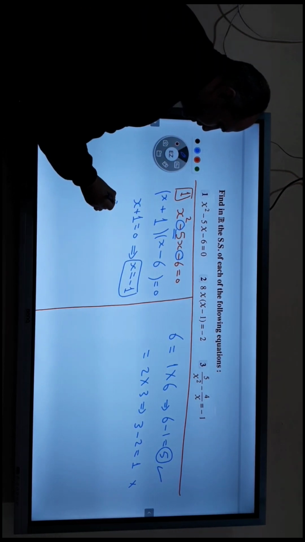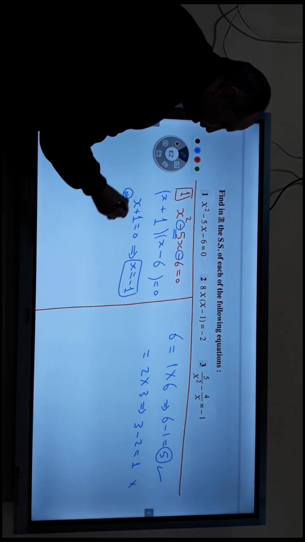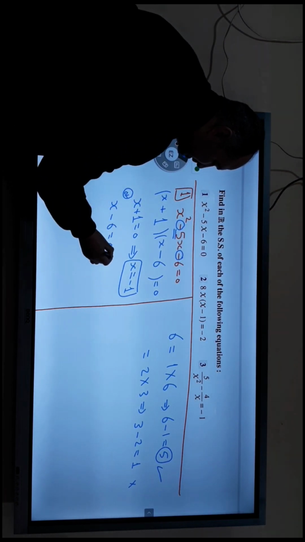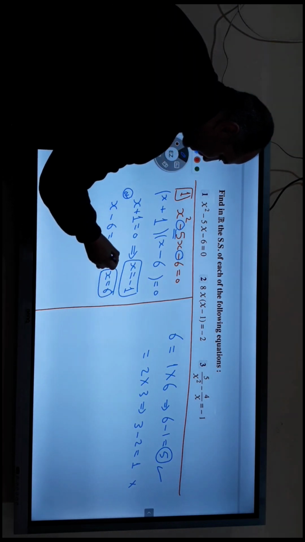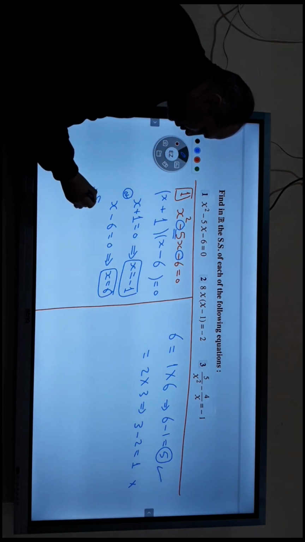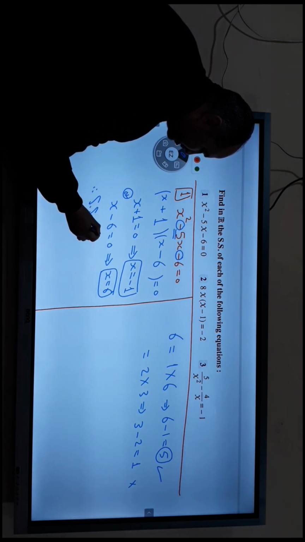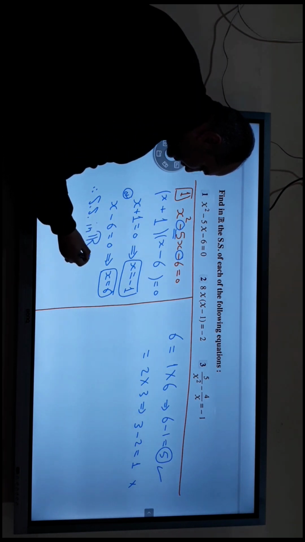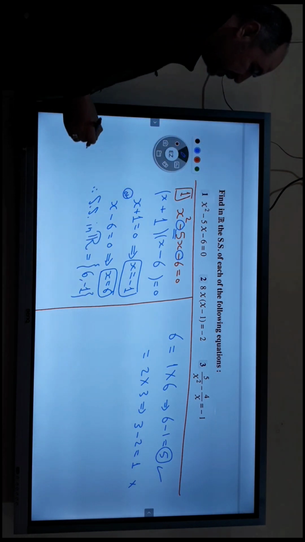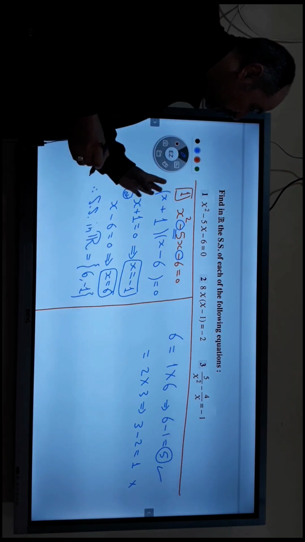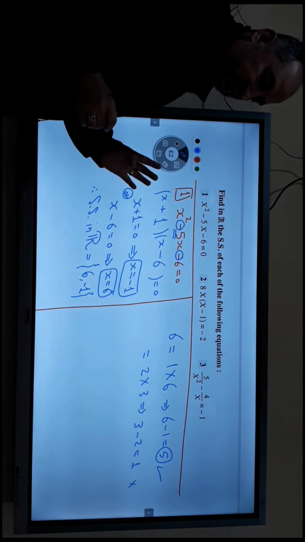And also x - 6 = 0, then x = 6. Then the solution set in R is {6, -1}. This is the first method by using factorizing.